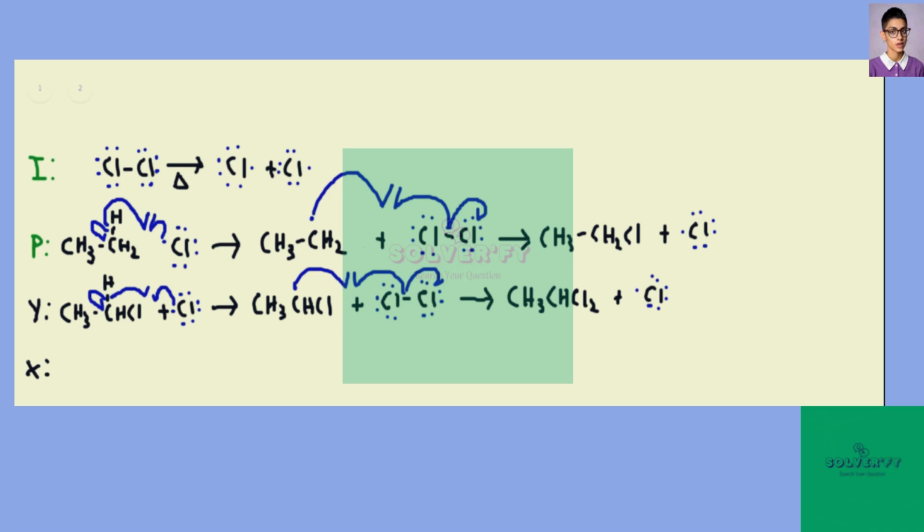X is going to be largely similar. The only difference is that for X, we're going to take a hydrogen from the other carbon, and that's exactly what I'm drawing here. It's pretty much identical to the steps that make Y, just happening at the other carbon. The carbon-hydrogen bond cleaves, and the carbon now has the unpaired electron on it.